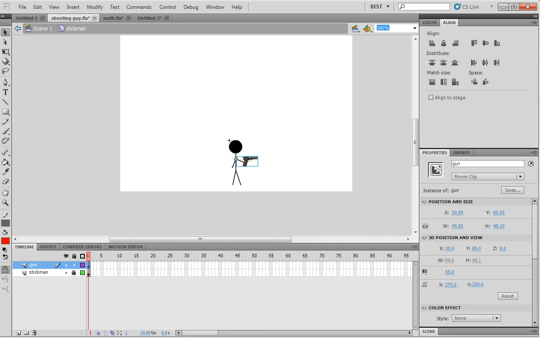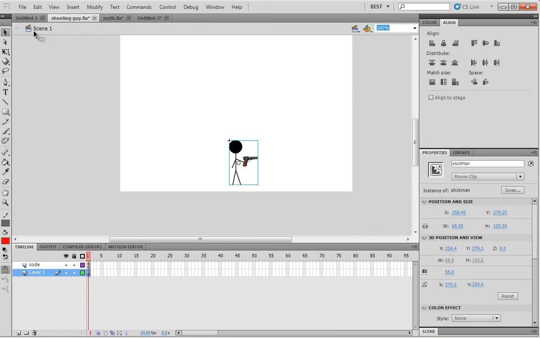Right now those coordinates are 47 by 121. But if we leave the stickman by returning back to scene one, the gun is inside the stickman.